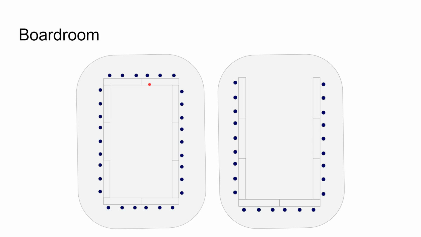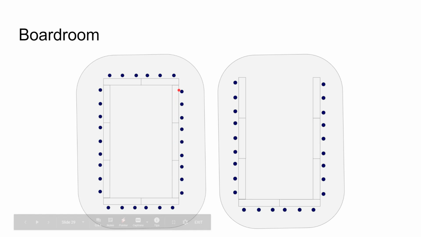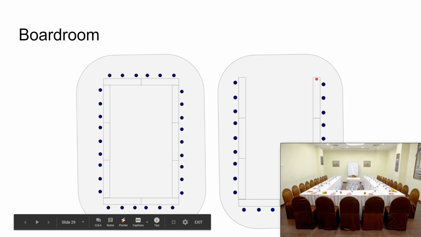Suppose if this is a management meeting, the people who represent the management will be seated at this side of the head table of the boardroom, and all the other people will be seated around the box structure. Sometimes a U-shaped structure is used in the boardroom.